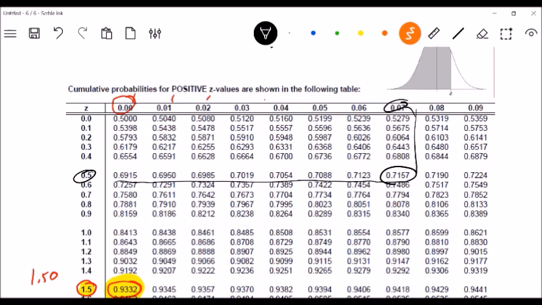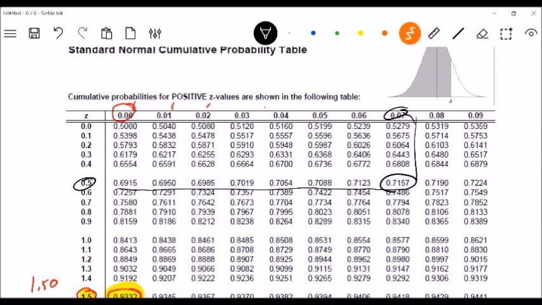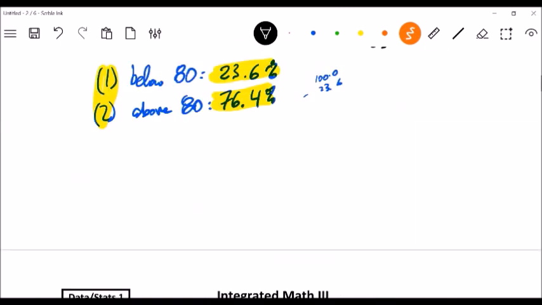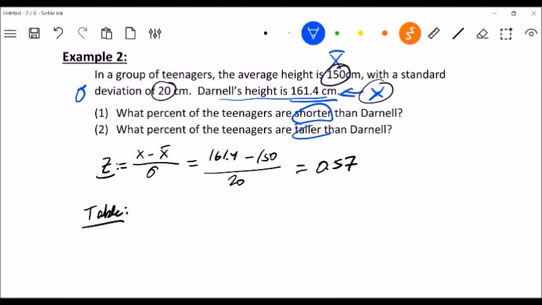Now, 7157. So the table comes out to 71.57. So that 7 could really round that to make it a 6. 71.6. And that's what we'll work with. Well, that's the ones that are shorter. So shorter is 71.6%.